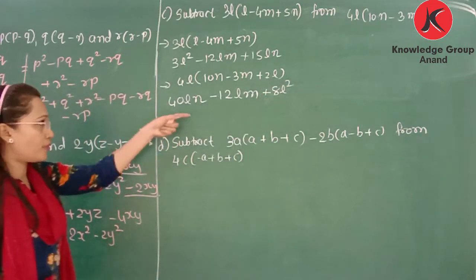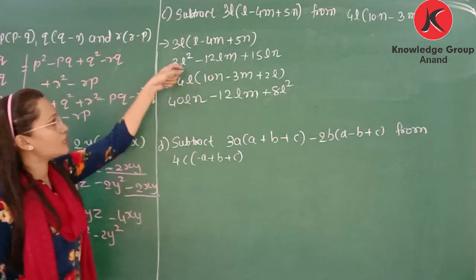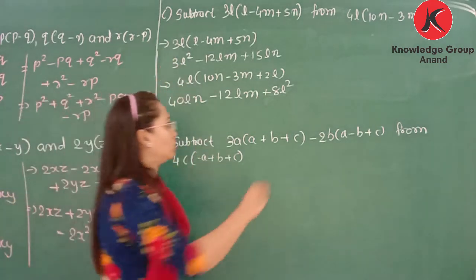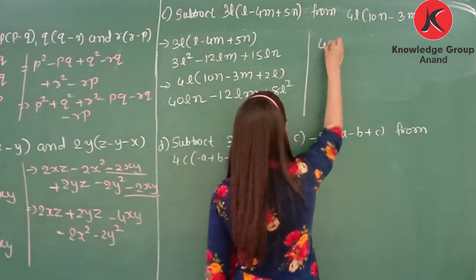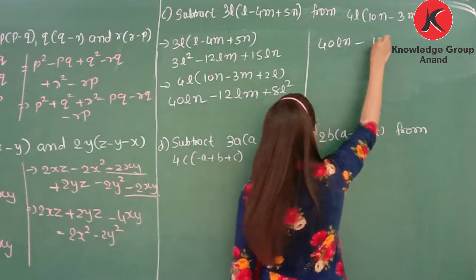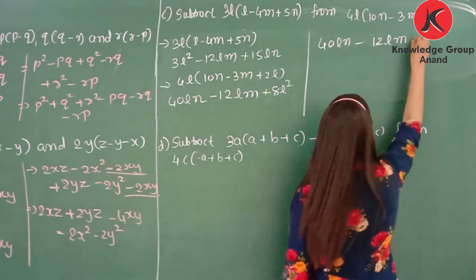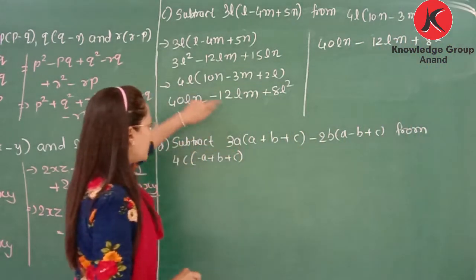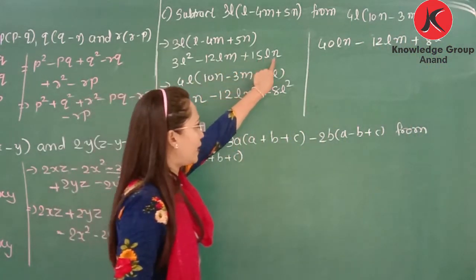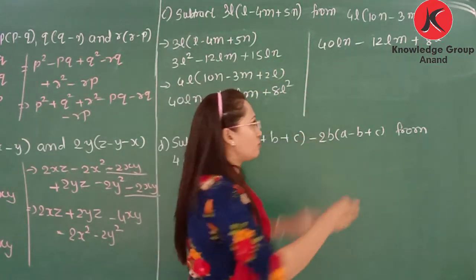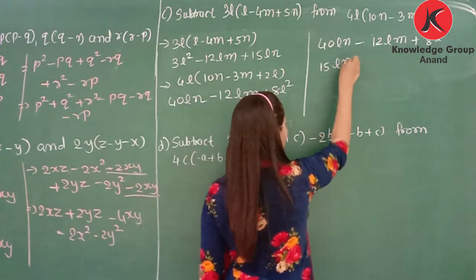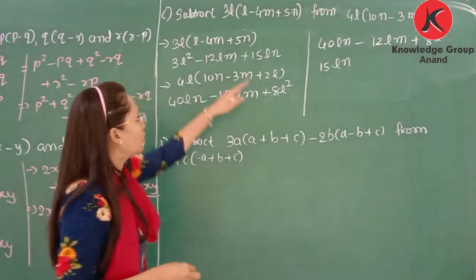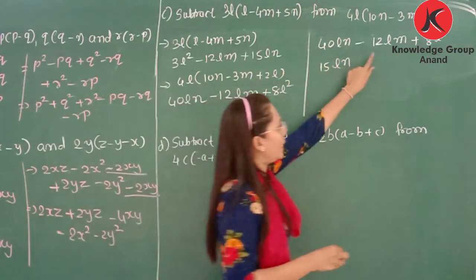So now for the subtraction, from this expression you need to subtract this one. So we can write 40ln minus 12ln plus 8l square. Below that we need to write the terms with the like terms. So here 15ln is a like term with 40ln, and minus 12ln, 12ln are like terms.